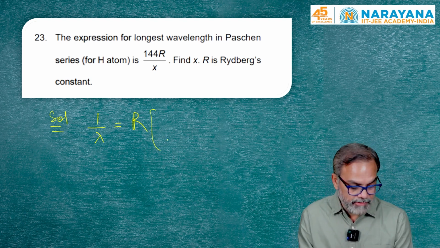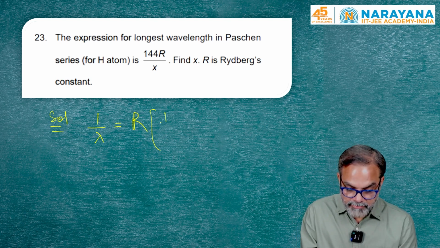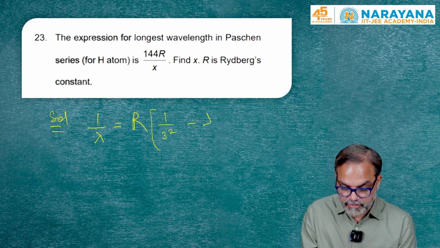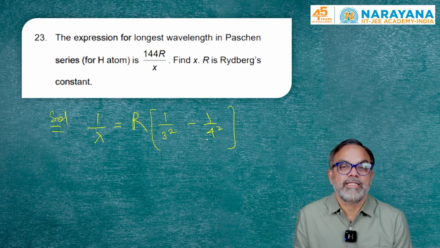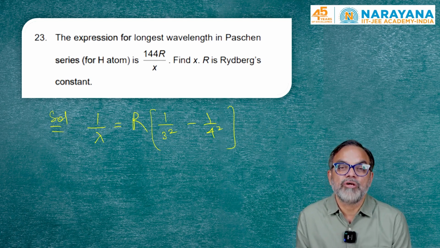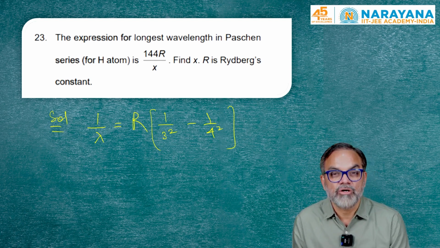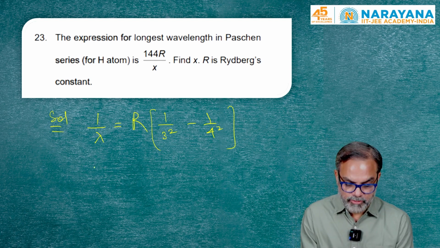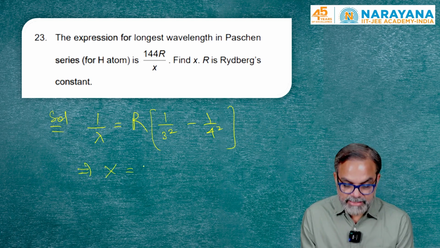We are looking for longest, that means energy will be minimum, so it will be 1 over 3 square minus 1 over 4 square. So it will be transition from 4 to 3, the longest wavelength, that is the first member of Paschen series. First member of any series always has the longest wavelength. So if we just simplify, I get the value of x as 7.